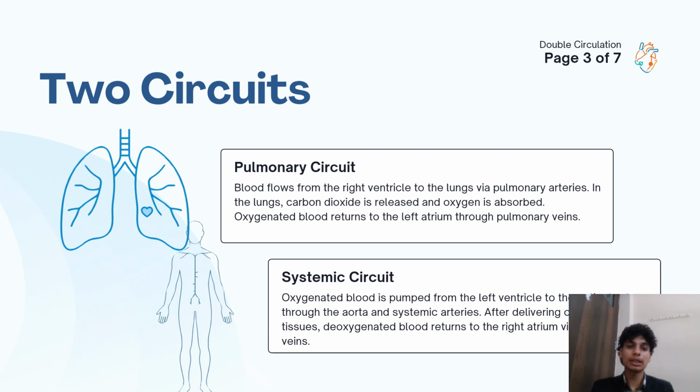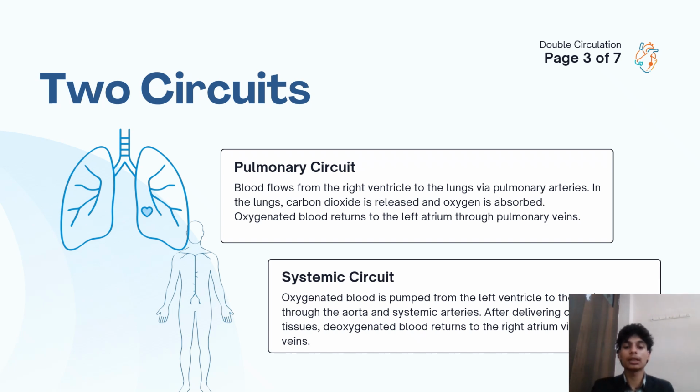We can also say the lungs are the main thing which convert the deoxygenated blood to oxygenated blood by releasing CO2 and absorbing O2, and the oxygenated blood returns to the left atrium through the pulmonary vein.